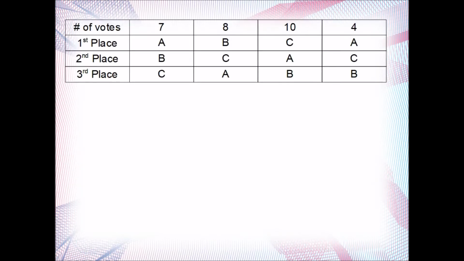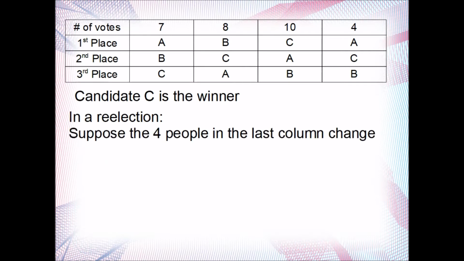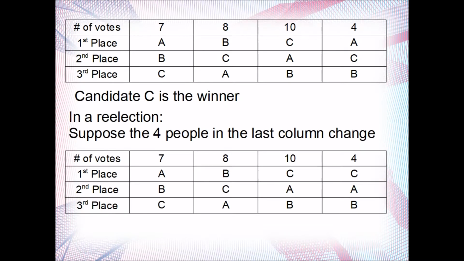So here's an example. Here's my preference schedule. And I have determined that candidate C is the winner. So now we have a re-election, and the 4 people in the last column changed their mind. So here's the new preference schedule. In the re-election, 4 people in the last column have decided that they like candidate C better. So now more people have ranked candidate C as their favorite.